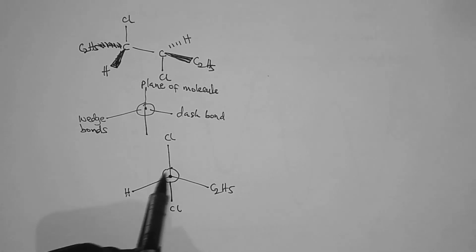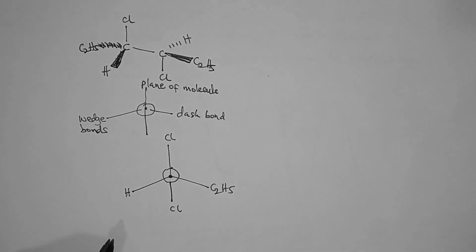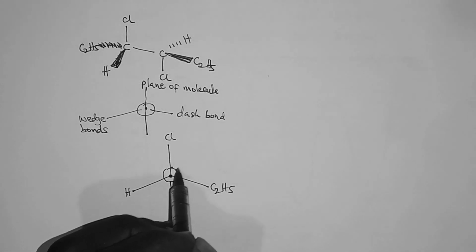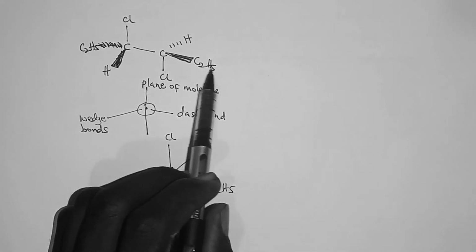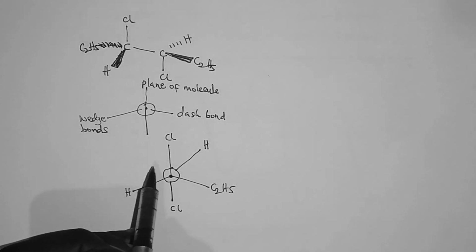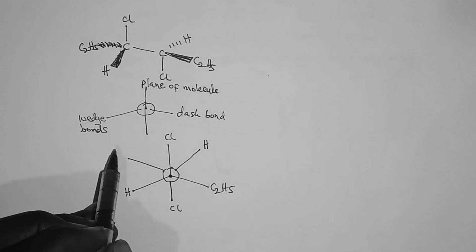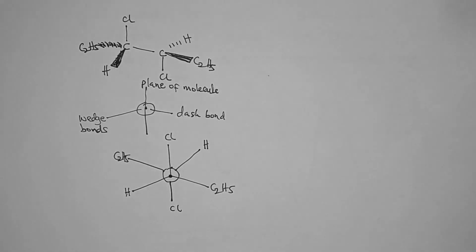And then for the carbon at the back, you see that it is the proton that is going into the plane of the molecule. So it means that this side is a proton. And then C2H5 is coming out of the plane of the molecule. So it's going to be on the left hand side. So here is going to give us C2H5. So this is the Newman projection of this perspective molecule.